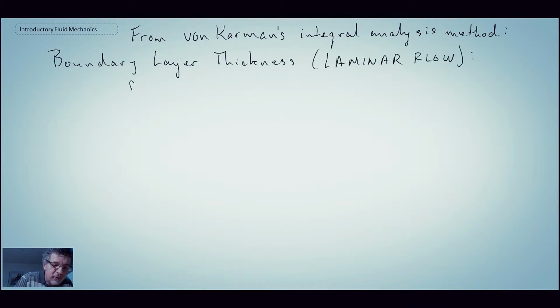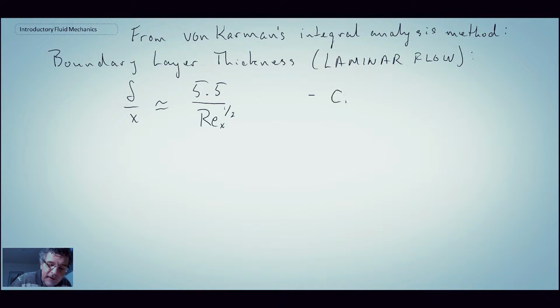So von Karman's equation gave us the boundary layer thickness divided by x, that's position from the leading edge of the plate, and it was approximate because he assumed a velocity profile. The utility of his technique really was in the fact that it could be applied to either laminar or turbulent flow. It was not as exact as Blasius's solution, which we will look at in this lecture.